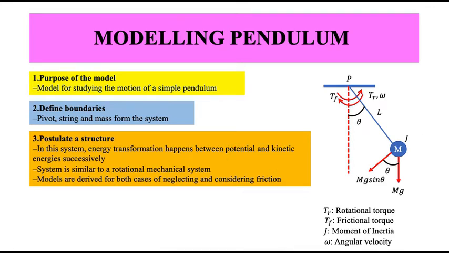And then what is the structure of the system? I know that there is some kind of energy transformation happening in the system. It goes all the way here to theta, then minus theta, and it comes back, and at this point it stops and goes back. That is the point where we have completely changed from kinetic energy to potential energy.